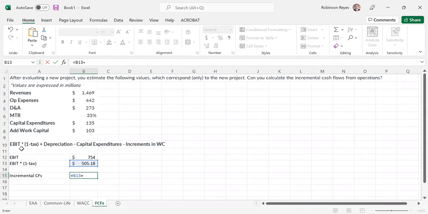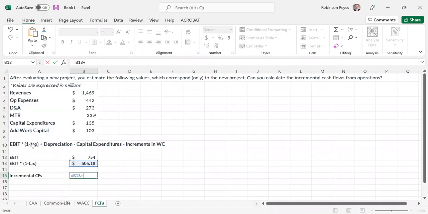Then we are deducting taxes basically. So this is the after tax factor. If we multiply this, we will end up with the earnings before interest and taxes, and then after reducing taxes, we would end up with NOPAT, net operating profits after taxes.